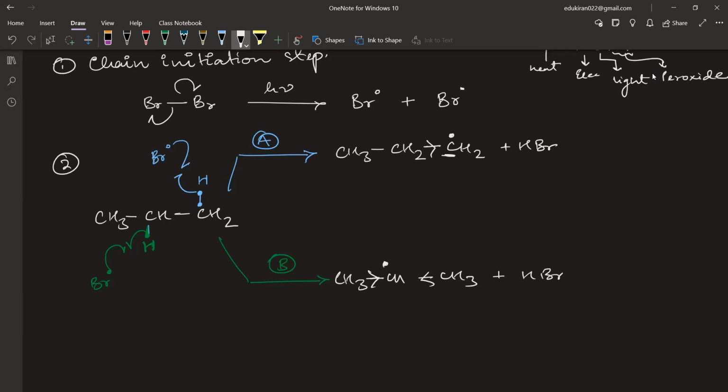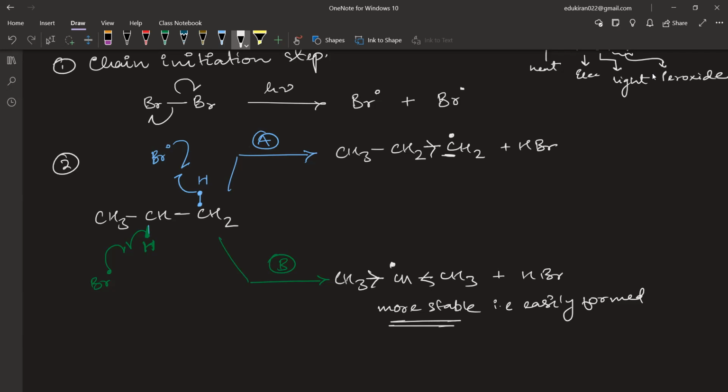This carbon free radical needs electrons, badly, because it is only having 7 electrons. If I have more R groups, then this will be more stable. Clear to everyone? Yes, sir. So if this is more stable, then this will be easily formed.